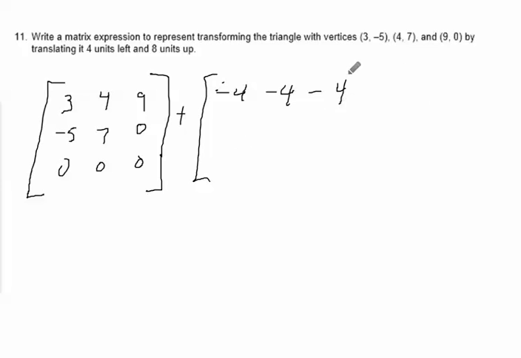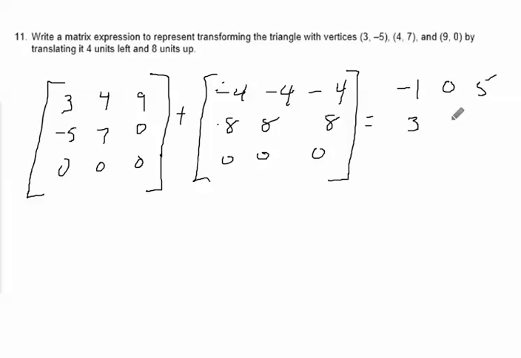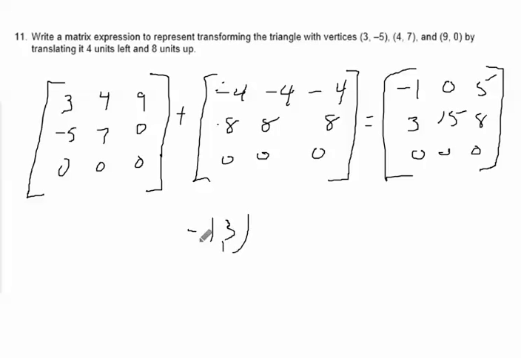My x's are going to be minuses every time. My going up 8 units is going to be plus 8. And I would put zeros down here. And I add the two together, and I get a -1, 0, 5. I get a 3, 15, 8. I get a 0, 0, 0. That's where the new matrix would be located after doing the translation. And so my points are going to be at -1, 3, at 0, 15, and at 5, 8.